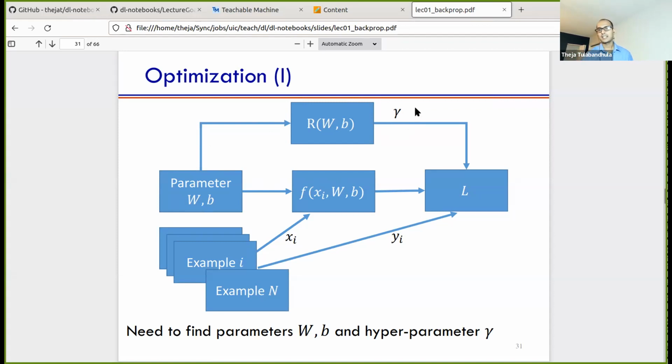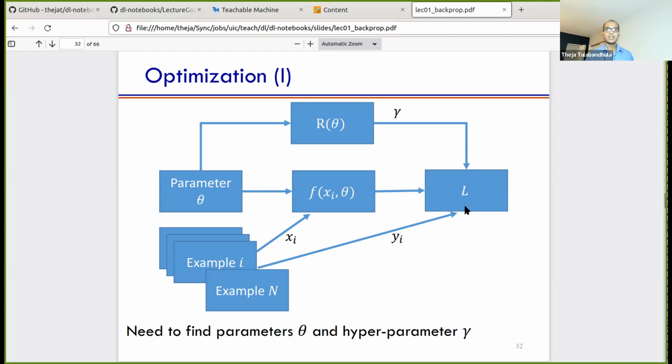It's just a scaling number, and then that feeds into the overall loss. Similarly, all these examples together: the features are input into our model, which also has the parameters go into it, and that together with the labels determine the data component of the loss. And so this L is the sum of both the regularizer and the data component.